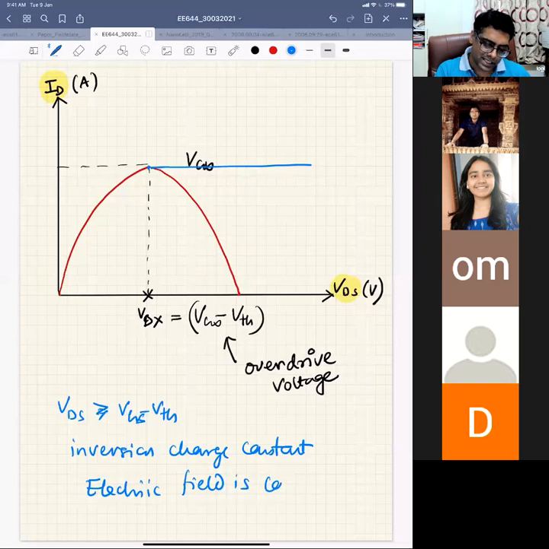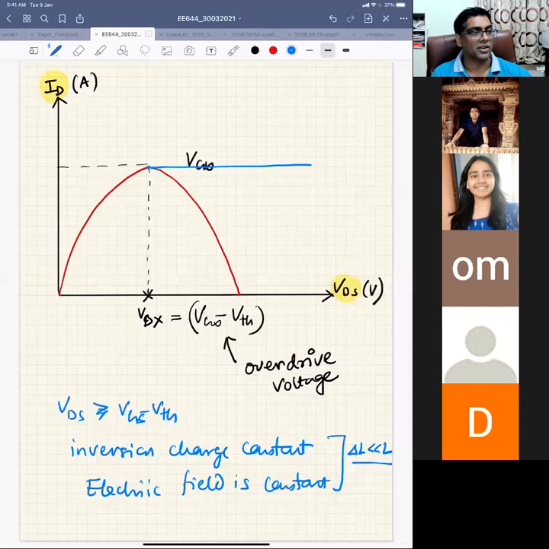But this is assuming that your delta L is less than L. This is an assumption. So if your inversion charge is constant and your electric field is constant, your current will remain constant. That's the reason that when your drain voltage is VGS minus VTH, your current saturates, and then it stays constant.